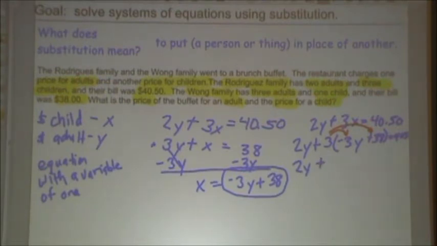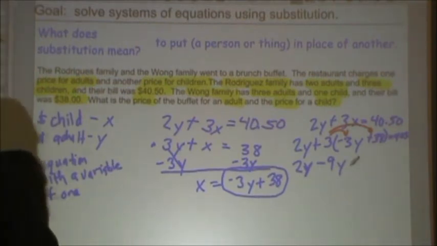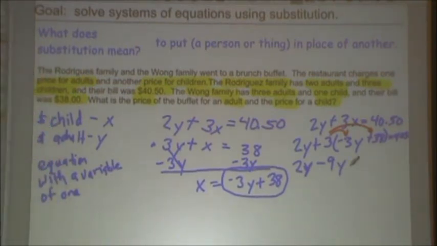And remember, I don't want to see plus or minus, so I'm simply going to put 2Y minus 9Y, and then positive 3 times positive 38 is, let me get my calculator, big math problems, 38 times 3, 114, so plus 114.